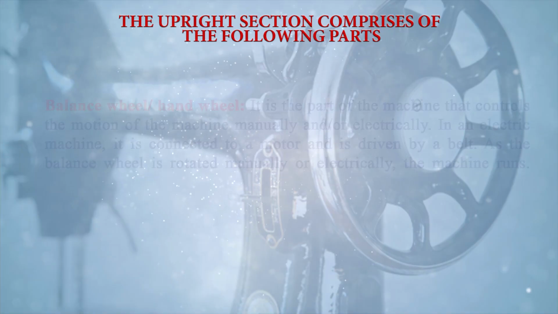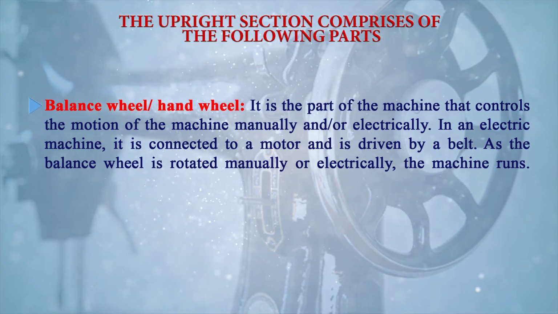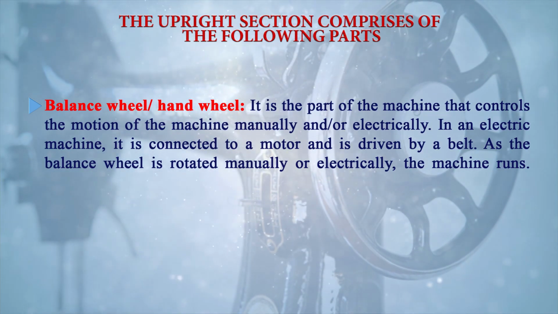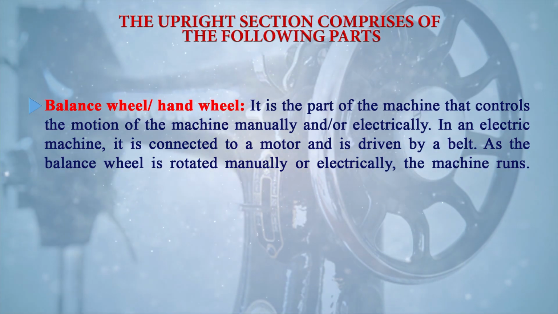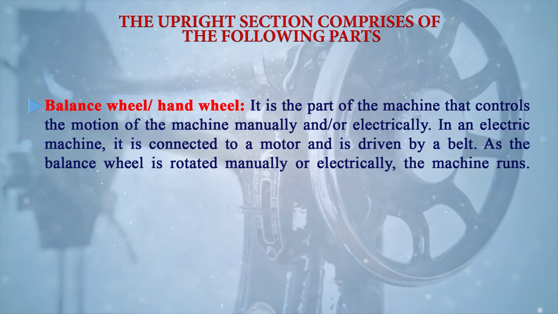Then when we talk about the upright section of the machine, what all parts does it comprise? As we have also discussed in the earlier slides, the first and most important thing is the balance wheel or the hand wheel. It is the part of the machine that controls the motion of the machine manually or electrically.